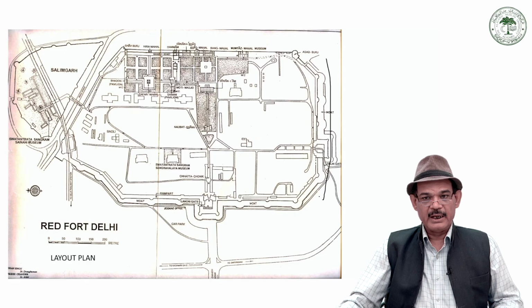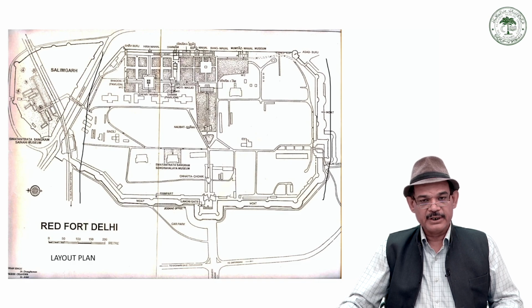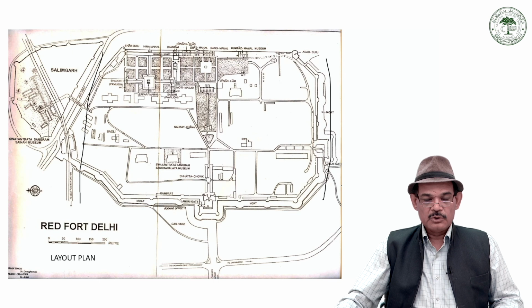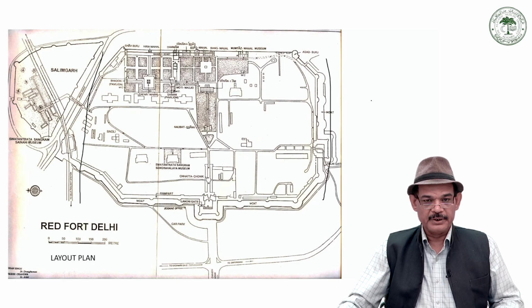The southern and northern sides are similar to each other, and their length is less than the eastern and western sides. The total circumference of this fort is 2.41 kilometers.